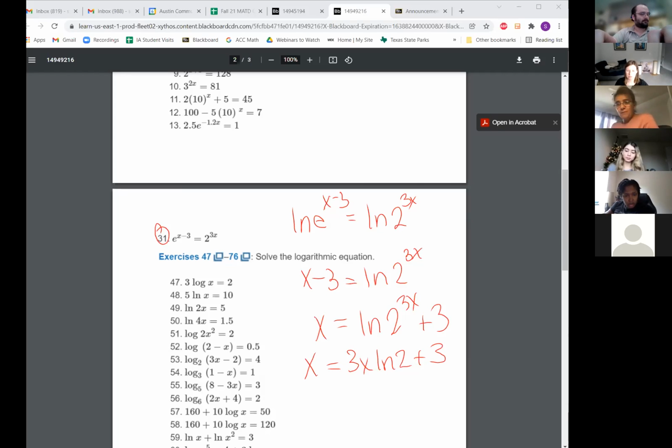I'm not starting with ln, I'm just putting this down, separating them. And then I went to do the natural log: ln of 2 to the x minus 3 equals ln of 3 to the x. So far, is it correct? It's correct. You said it should be 8 to the x. Yes, 8 to the x.